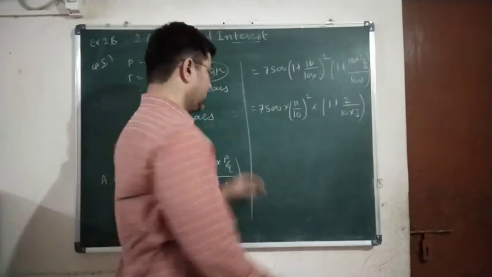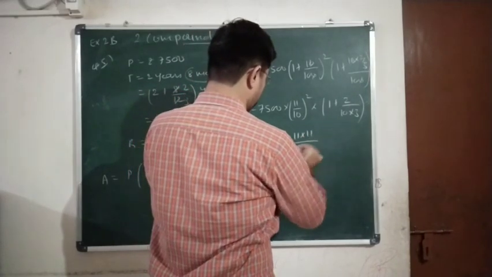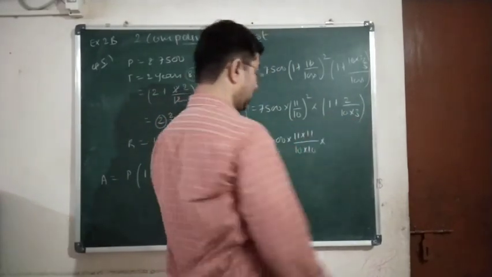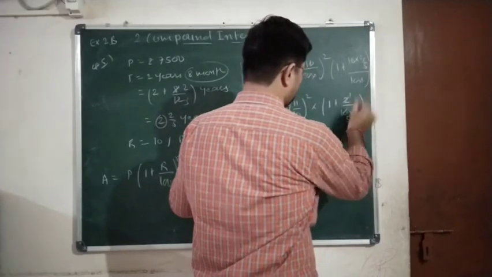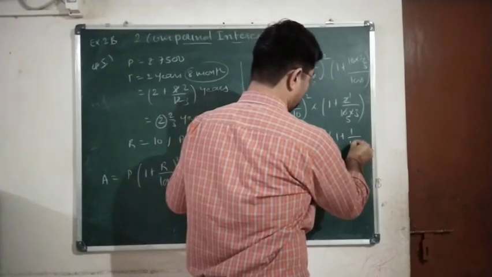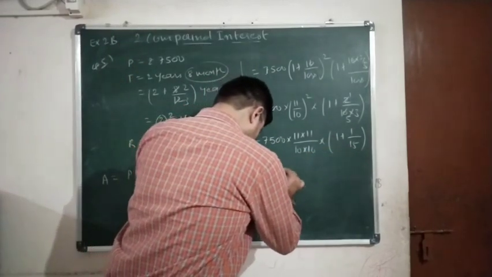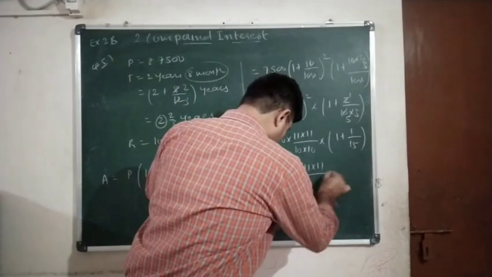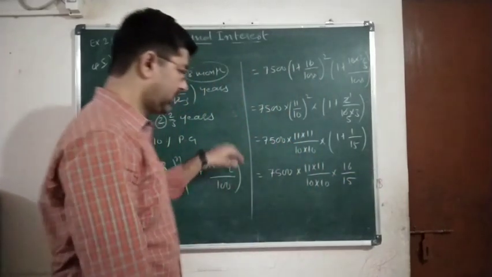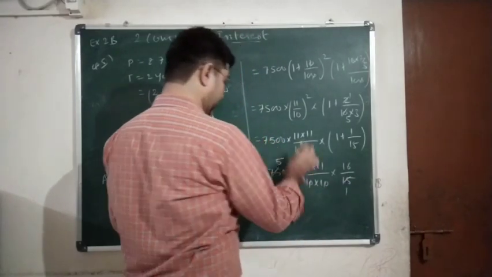So 10 into 3. So 7500 into 11 into 11 upon 10 into 10 into (10 3s are 30, 30 plus 2), or you can even reduce. Okay, 2 5s are 10, 5 3s are 15. So let me write one more step like this. Okay, now 15 ones are 15 plus 1, 16 we can write. So 7500 into 11 into 11 upon 10 into 10 into 16 upon 15. Okay, we can reduce these two zeros and by 15 5s are 75.